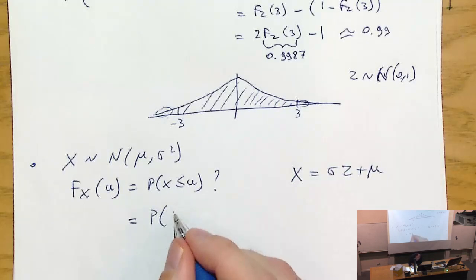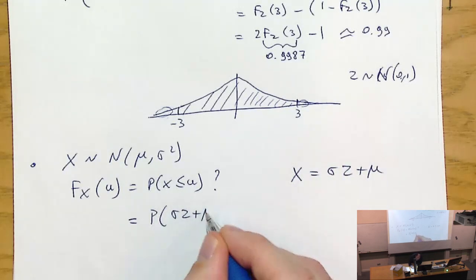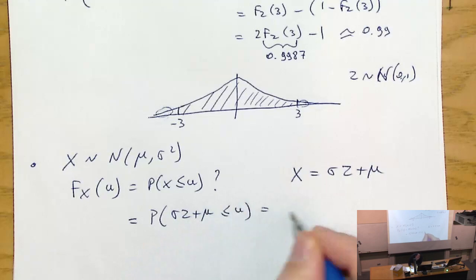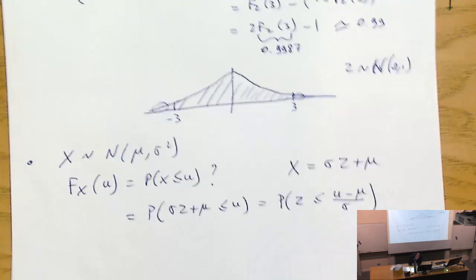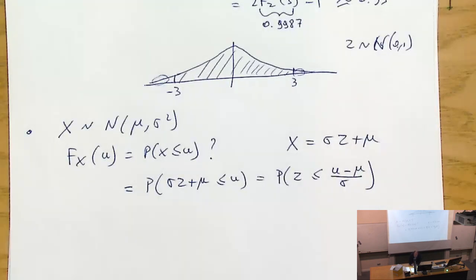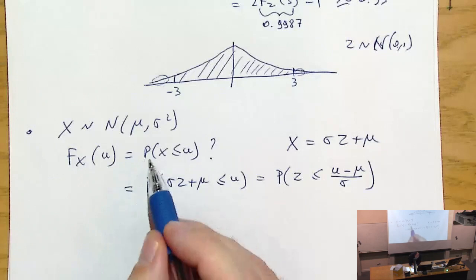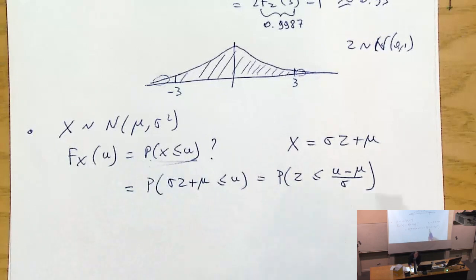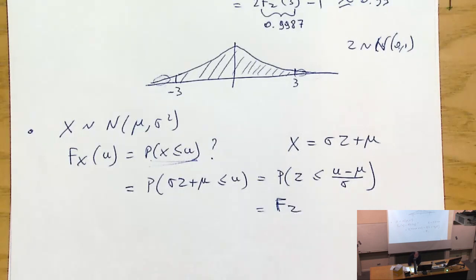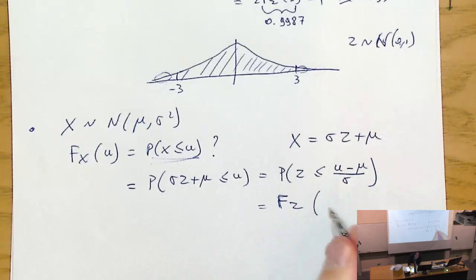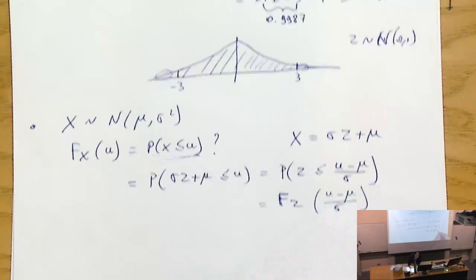So this is sigma z plus mu being smaller or equal to u. This is the probability that z is smaller or equal to u minus mu divided by sigma, right? And so the probability of x being smaller than u can be computed as a function of the CDF of z, the standard normal random variable, evaluated at the value u minus mu divided by sigma.